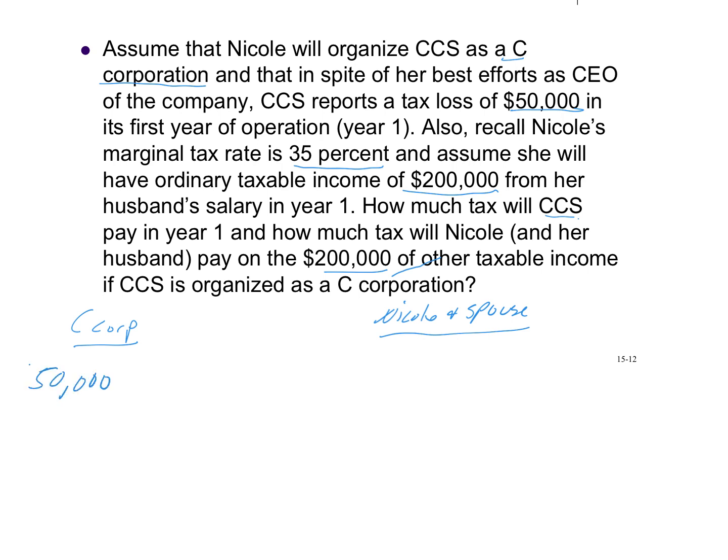So this C corporation has a $50,000 loss. Does the C corporation have to file a tax return? Yes. Remember from Chapter 2, C corporations always have to file a tax return every year, even if they lose a big old pile of money. But how much tax liability does this C corporation have? Well, that C corporation has 0 tax liability. Now, what is our taxable income for Nicole and spouse? Well, they have $200,000 of taxable income.